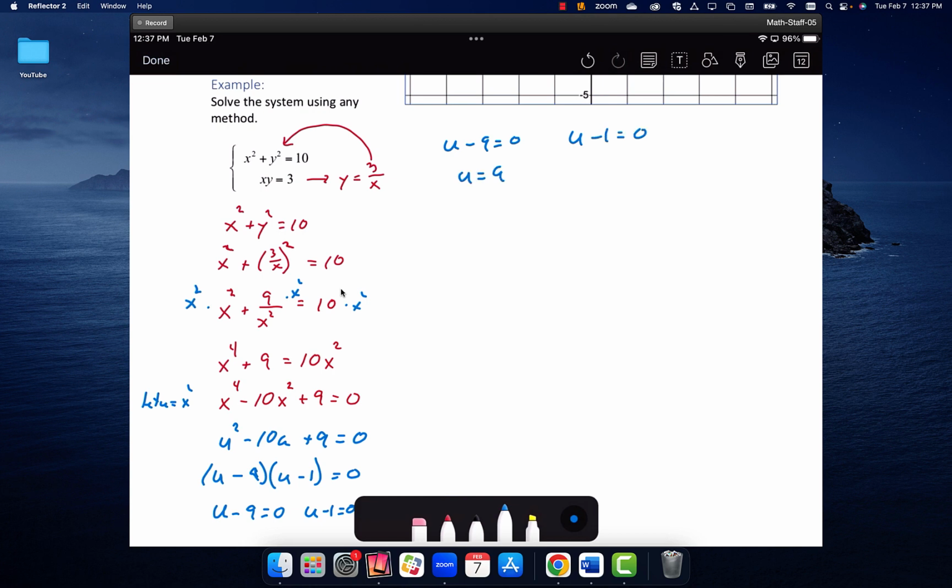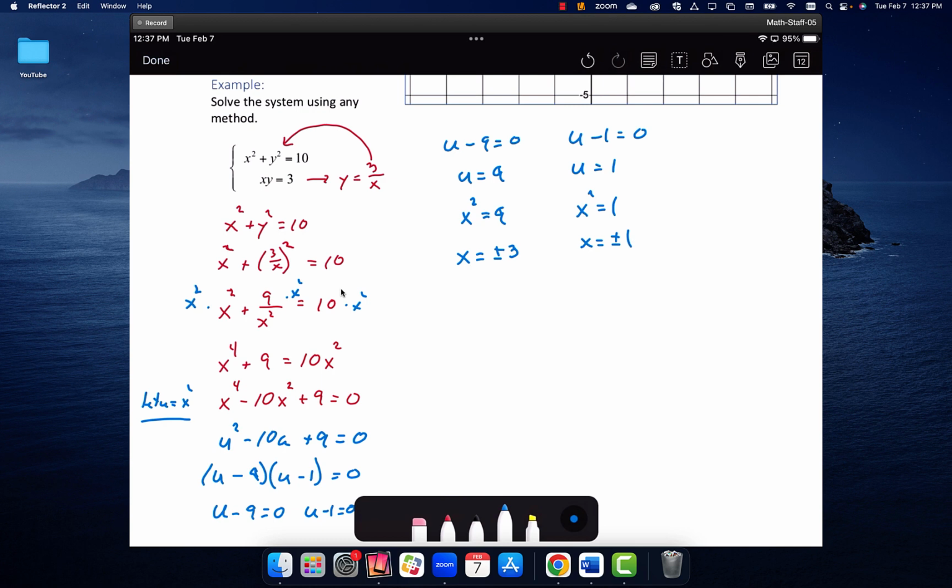Once we solve for u, we're going to go back in and replace those u's with x squared. So x squared equals 9, and x squared is equal to 1. Take the square root of both sides, and we get x equals plus or minus 3, and x is equal to plus or minus 1.